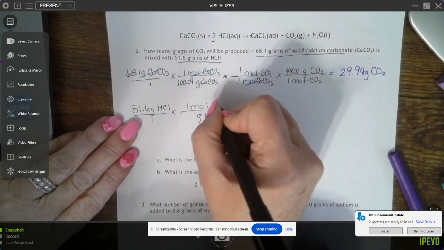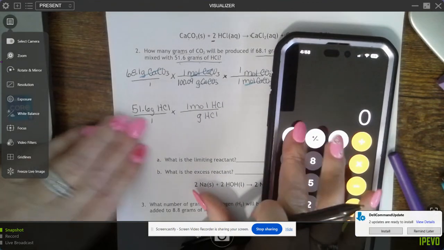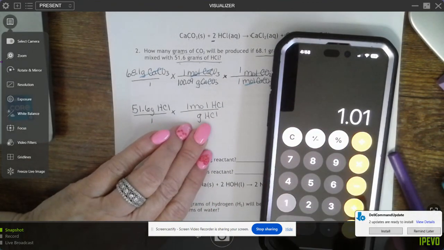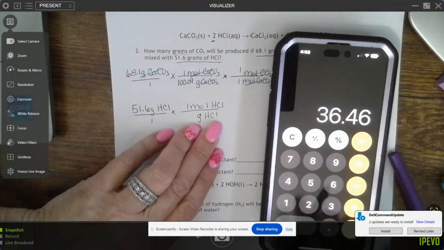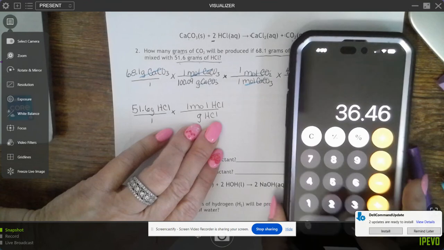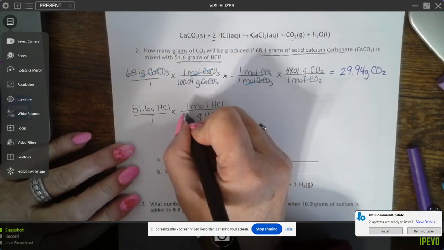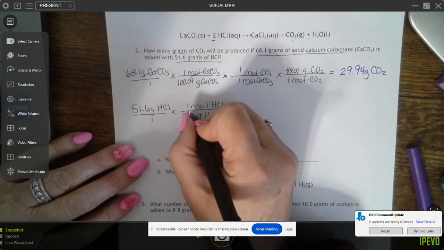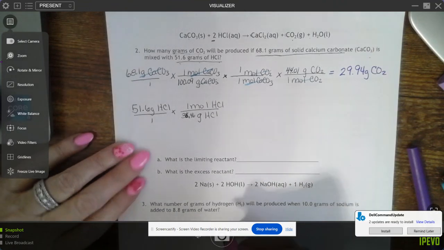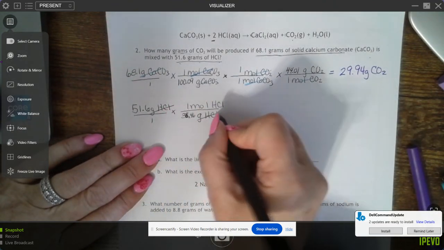For the molar mass of HCl, we add 1 hydrogen, which is 1.01, and 1 chlorine, which is 35.45. That gives me a molar mass of 36.46. That's the molar mass of HCl. Now our grams of HCl cancel out.